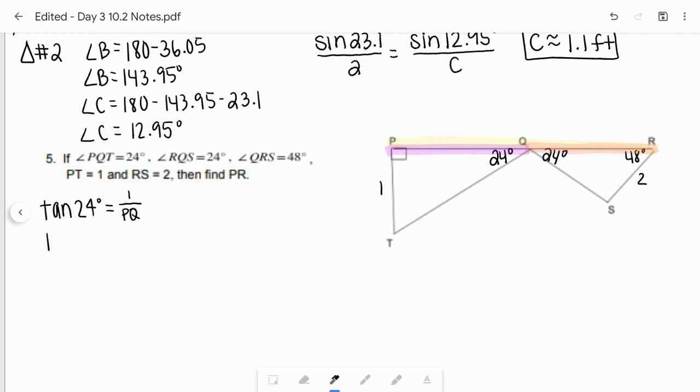When we do some cross multiplication, I would have that PQ is equal to 1 divided by tangent of 24 degrees. When we type that into our calculator, we find out that PQ is 2.246 units.